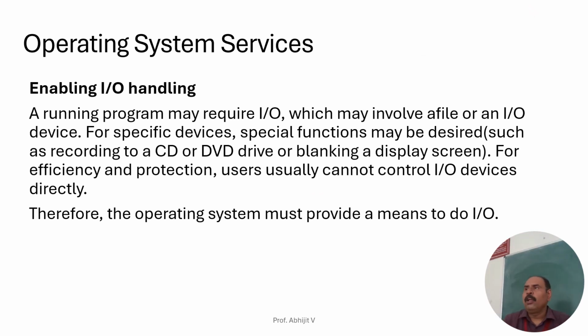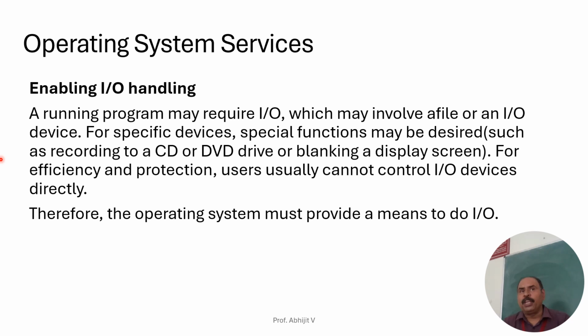The next function is enabling input output operations or IO handling. Whenever you want to run a program, you need to handle the input output operations. Running a program may require I/O, which may involve a file or an I/O device.